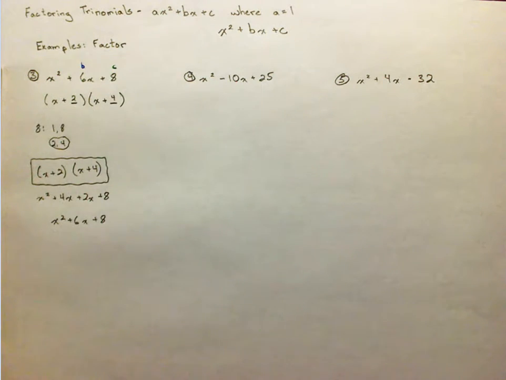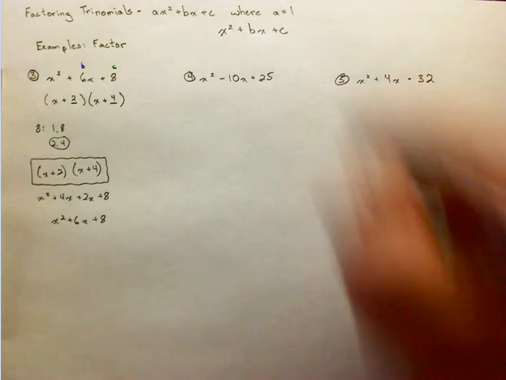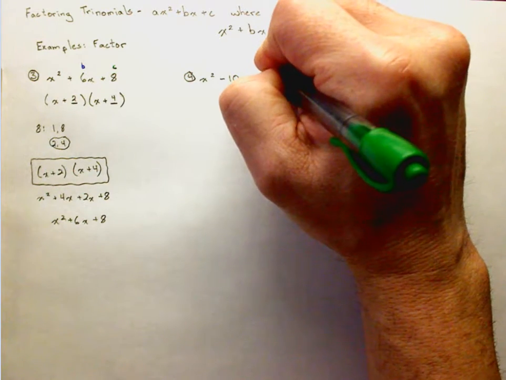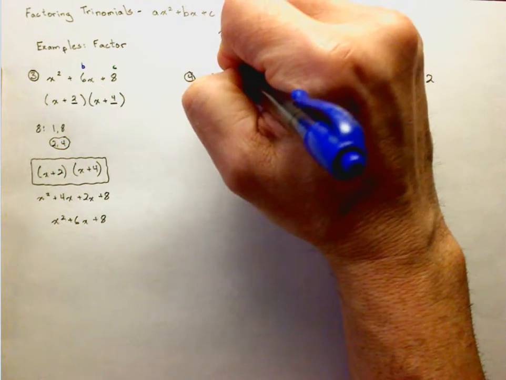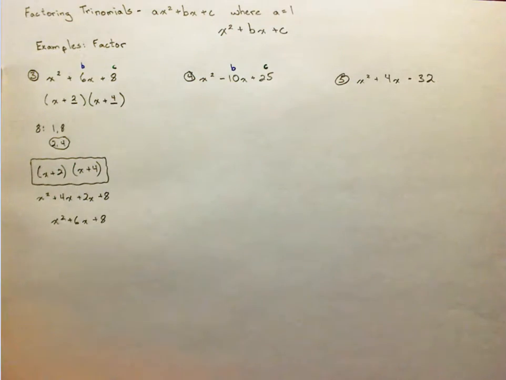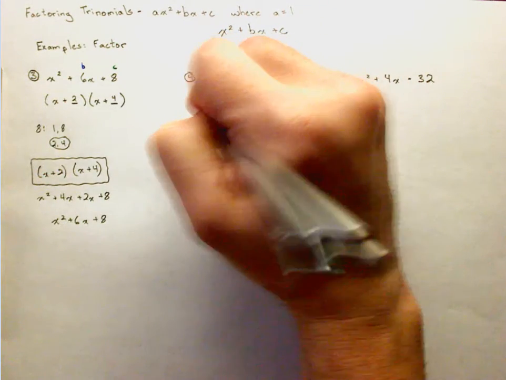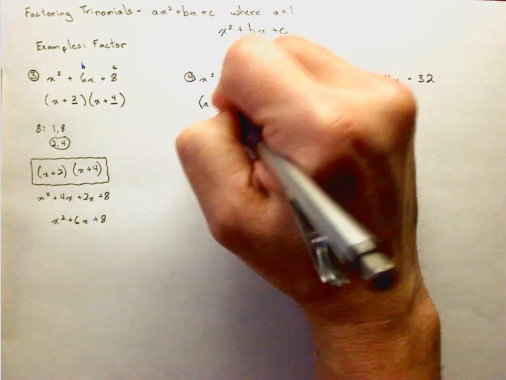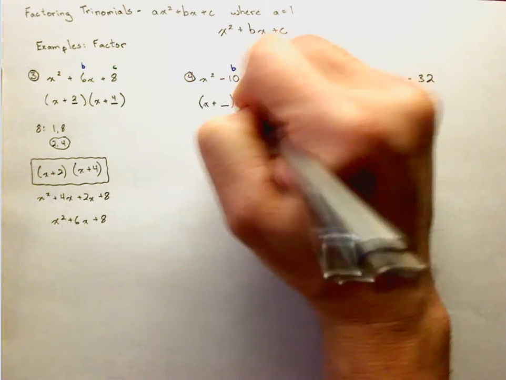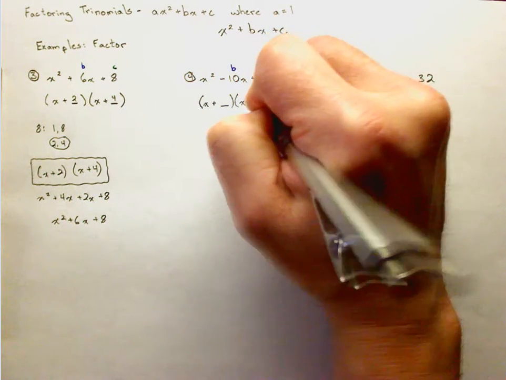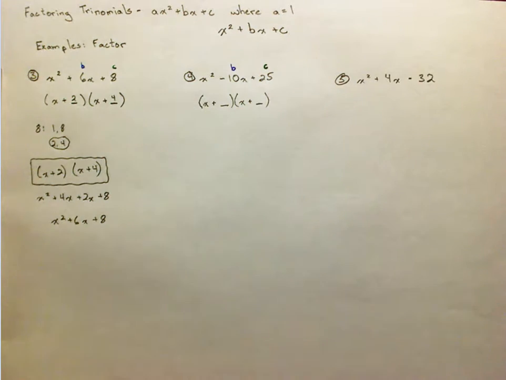Okay, next one. I need to find the factors of c that will sum to give me b. And this is the form that I know I'm going to go to: x plus something times x plus something. So factors of c.